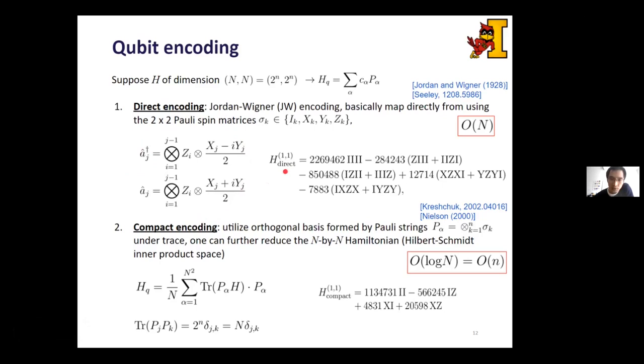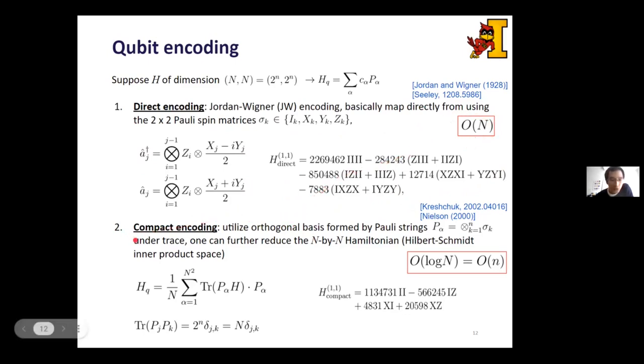And the Hamiltonian you saw earlier can be translated into a Hamiltonian with Pauli strings, which can be represented on qubit circuits. In general, for a capital N by N Hamiltonian, you will need N many qubits to encode it using direct encoding.